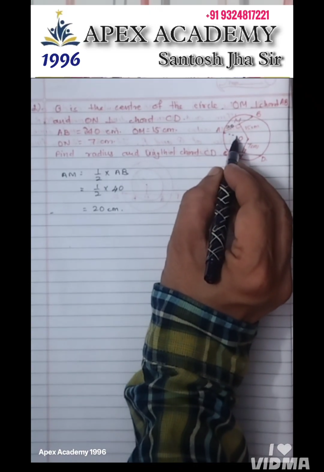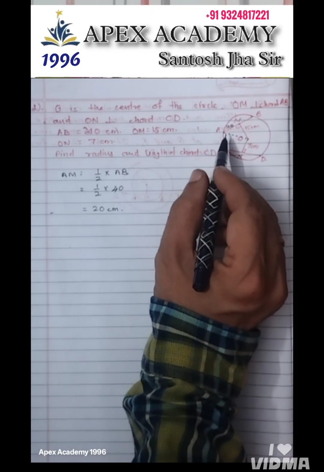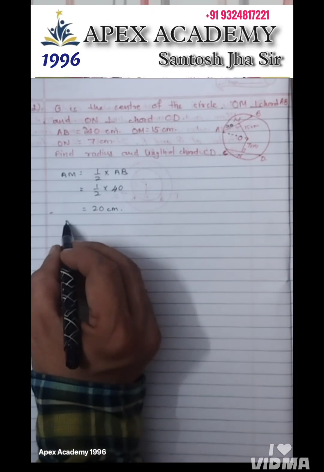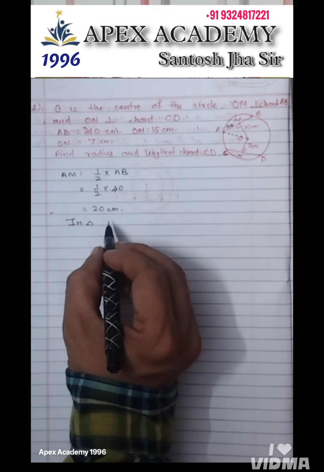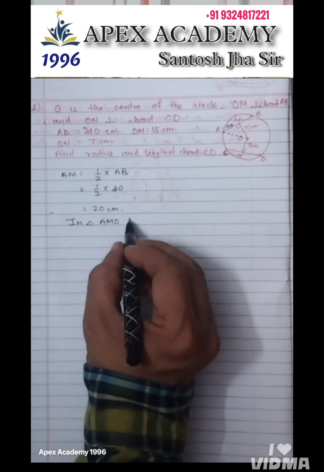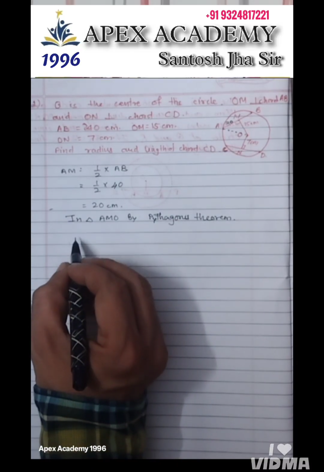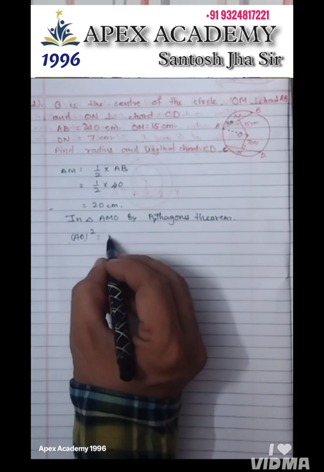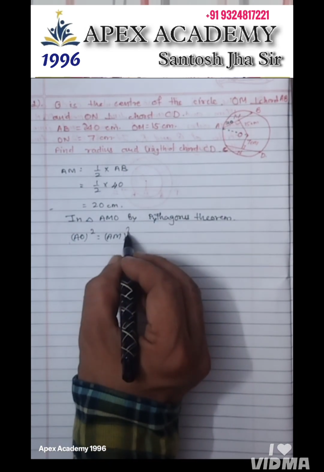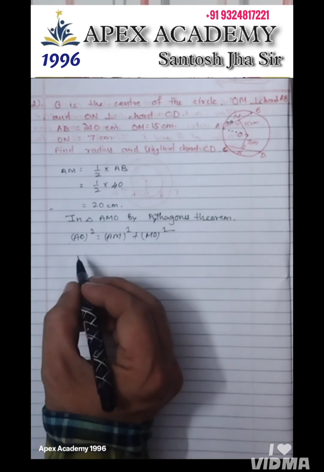We'll join AO. So now triangle OMA becomes a right angle triangle. So in triangle AMO, by Pythagoras theorem, AO square is equal to AM square plus MO square. So we'll put the values.